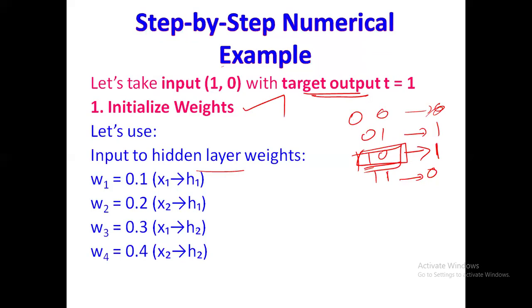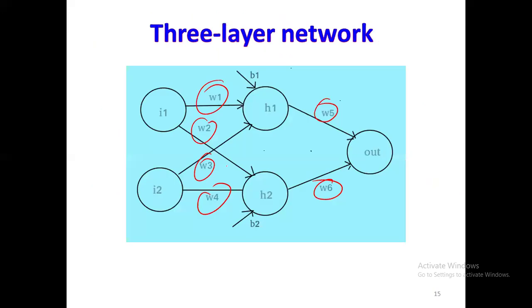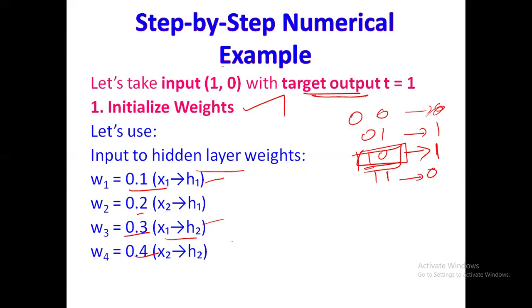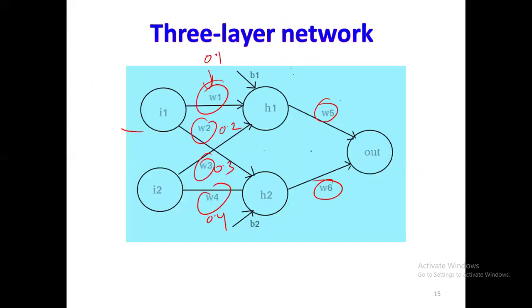So we are initializing the weights: w1, w2, w3, w4 as 0.1, 0.2, 0.3, 0.4, and the output layer weights as 0.5.